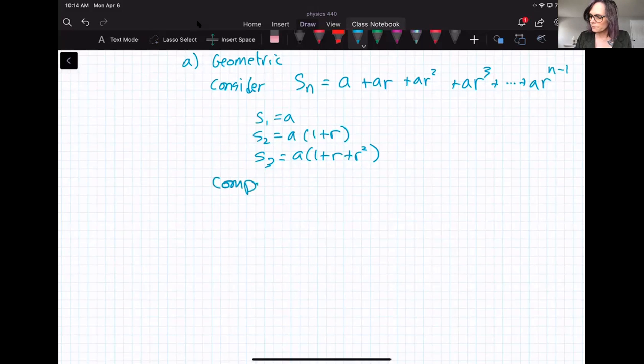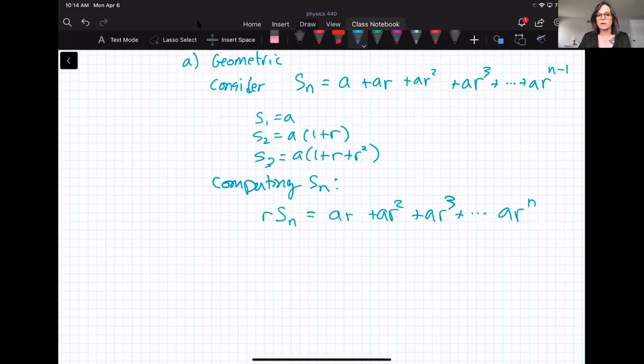So if we want to compute, say, the nth partial sum, one way you can go about that is to multiply r times S sub n. Right? Then you get a r plus a r squared plus a r cubed on out to a times r to the n. And then we subtract that from S sub n. Right? So that means that we are basically subtracting off this term from that term.